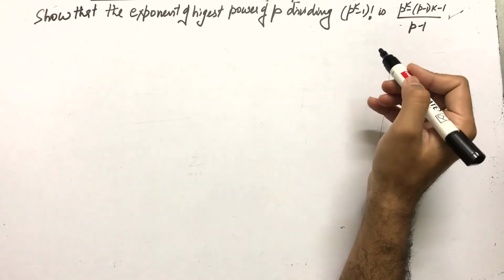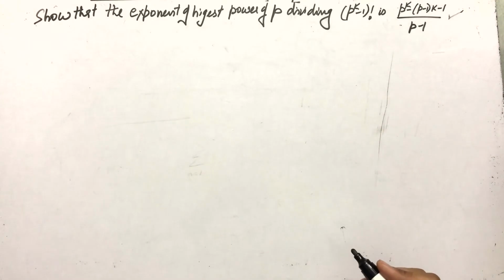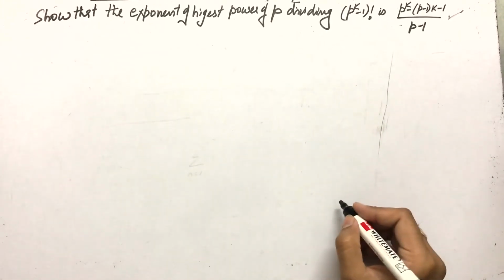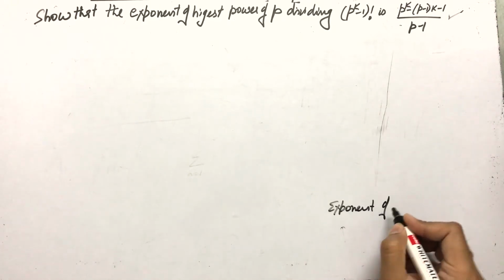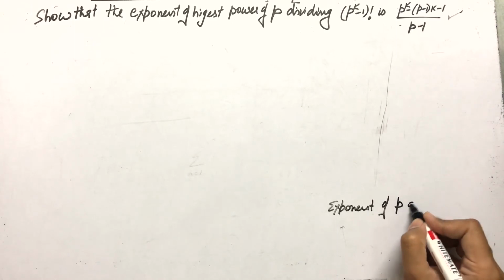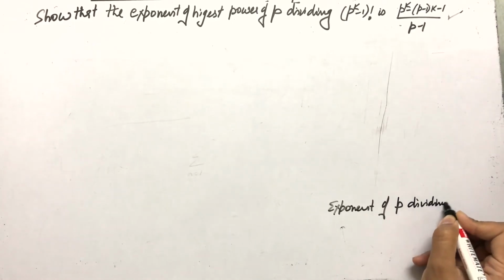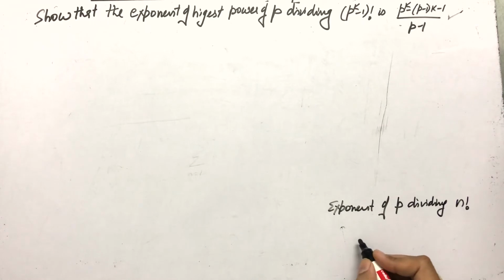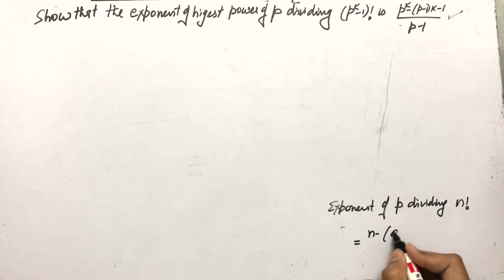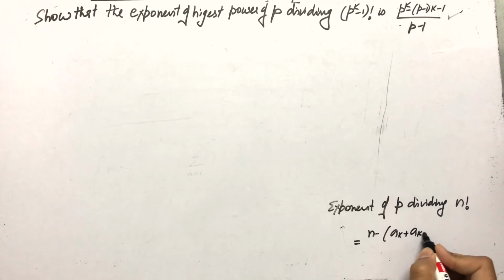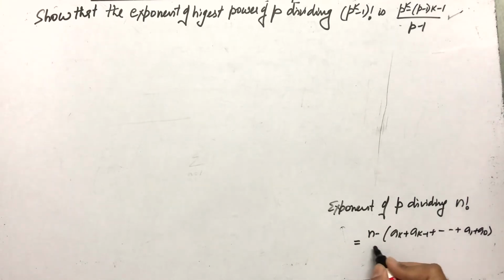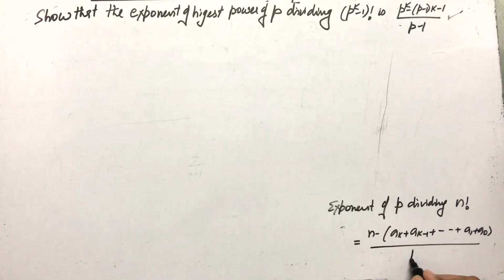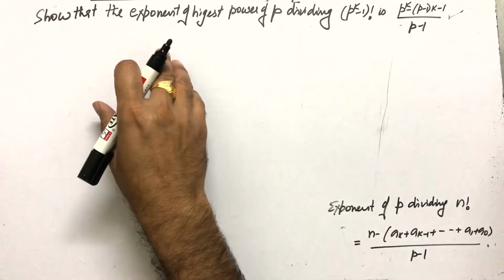Now to prove this result, we need another result, that is exponent of p dividing n factorial is given by n minus ak, ak minus 1 plus so on, a1 plus a0 divided by p minus 1. So we need this result to verify this.